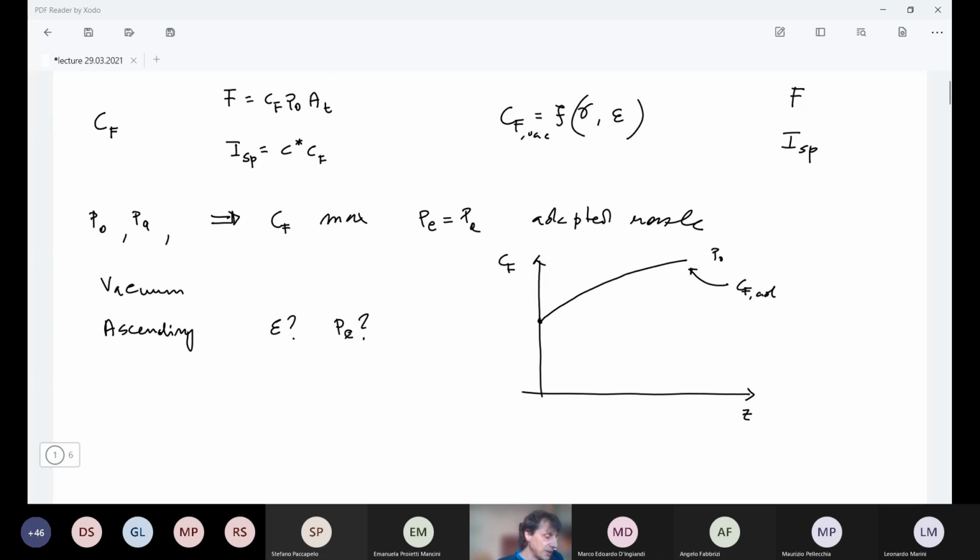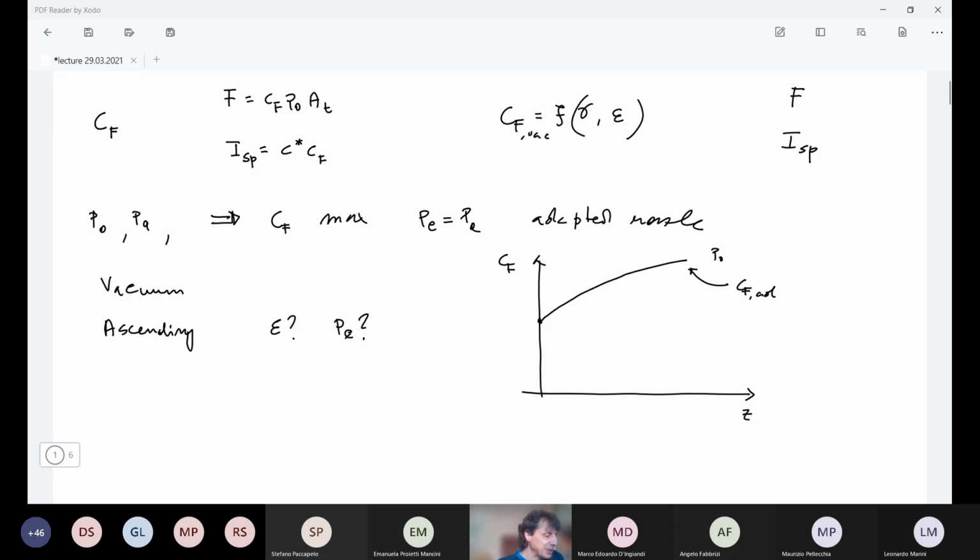But in general, what we have to consider is a fixed geometry, that means fixed value of epsilon, and so a fixed value of pitch zero, of PE. It means that we have to identify where we will be adapted only at a single altitude when PE is equal to PA, and then we have to identify what will be the best altitude where we can adapt to optimize our mission.